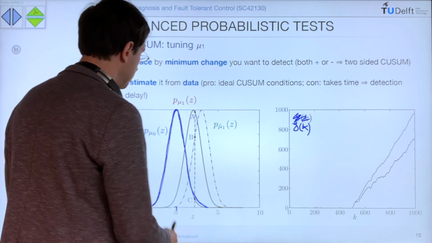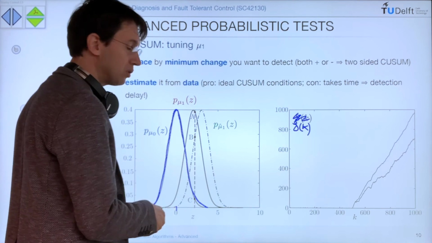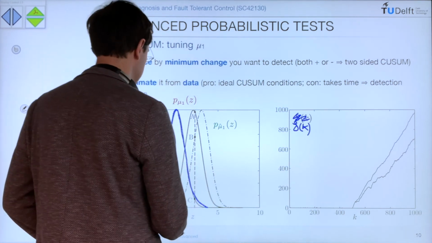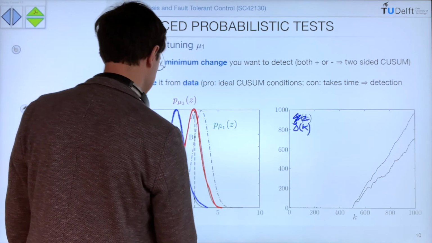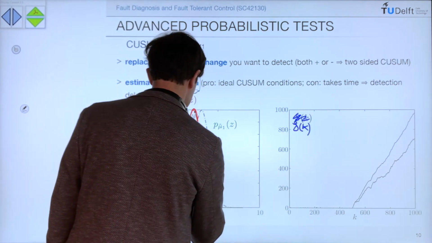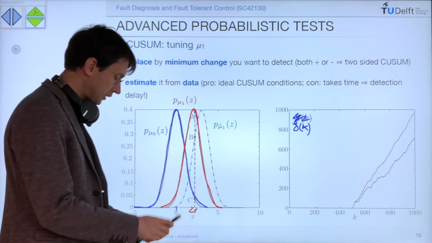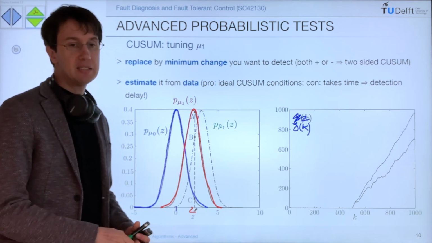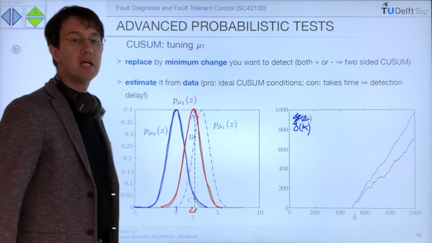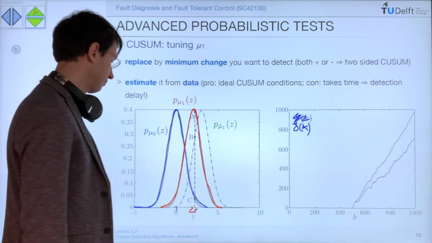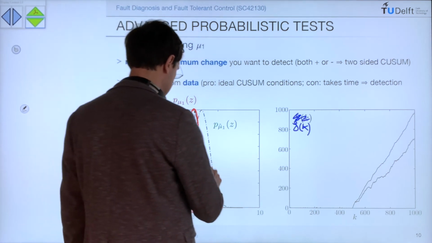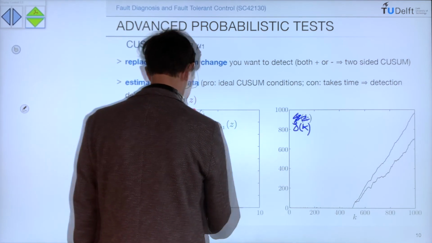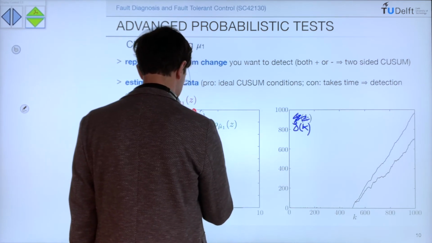And then we have the true faulty, the post-change distribution here, that is centered around, I guess, 2. Now, what happens if I set as a minimum value for the post-change mu not 2, but something bigger? So let's say 3. Then I have this other PDF here.